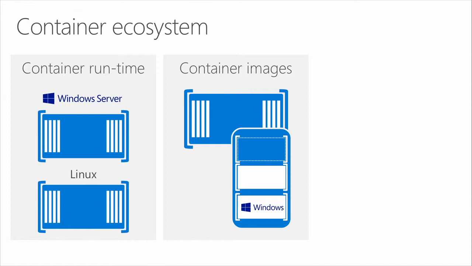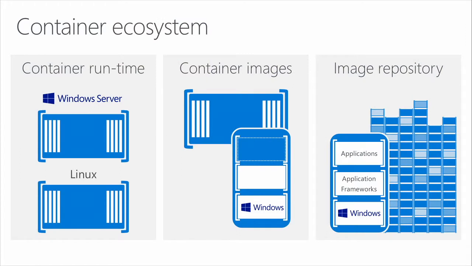A container image is built on top of a container OS. That OS can then be added to building things like application frameworks. Say, for example, you wanted to have a web server. You could add IIS and ASP.NET. On top of that, you could then add your application services. And that unit of work, a container, is now something that's portable and can be persisted and shared within an image repository.